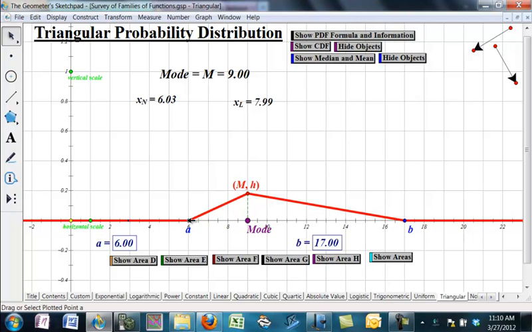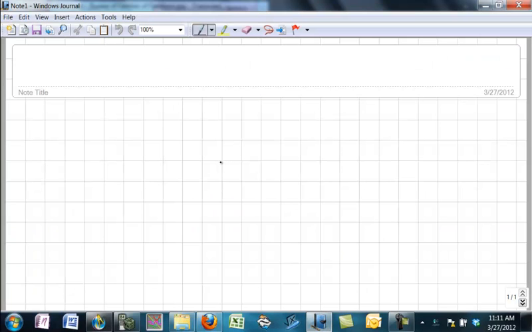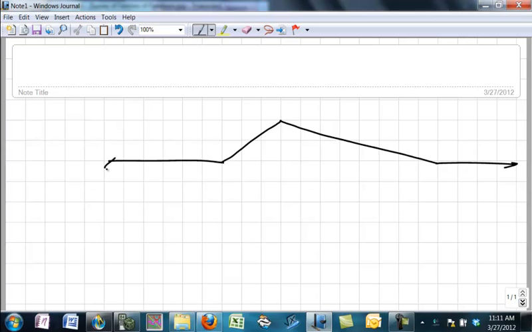Notice there is no area between the x-axis and the curve to the left of 6 or to the right of 17. So we can basically ignore to the left of 6 and right of 17. The only thing that really matters is between 6 and 17. So let's call this height h. And so we have a basic setup that looks something like this, roughly speaking. And we know that the height here is h.